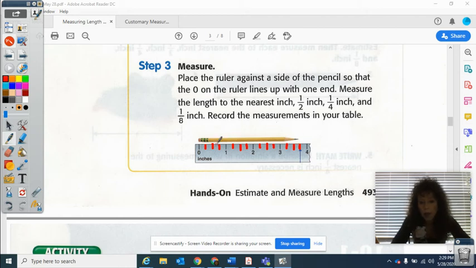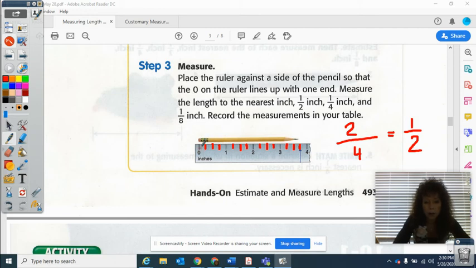So we know that 2/4 is the same thing as 1/2. Right? We've done fractions enough that hopefully you recognize that 2/4 is equal to 1/2.